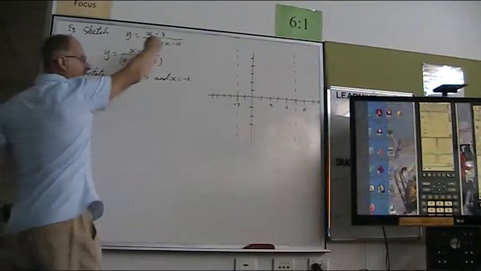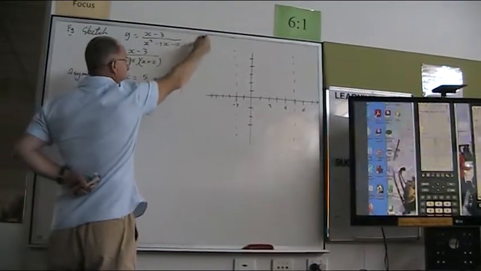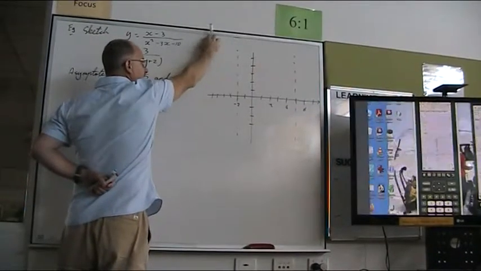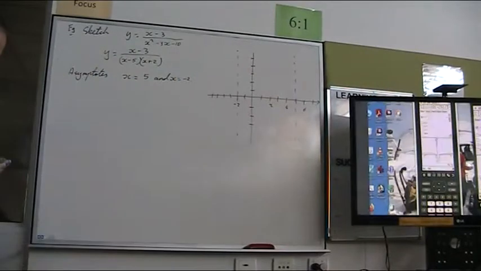It's not like our hyperbola or truncus or anything where we've got some number out here that's shifted it up or down for the asymptote.